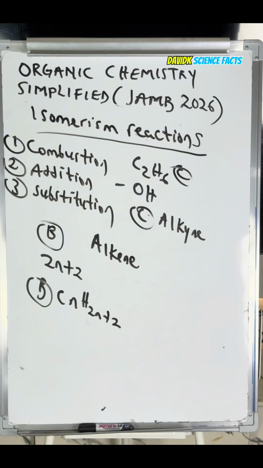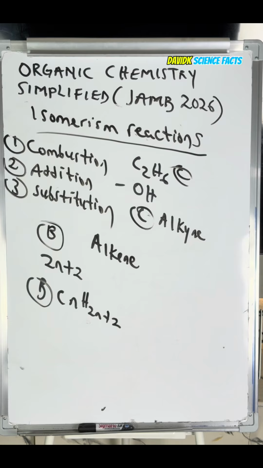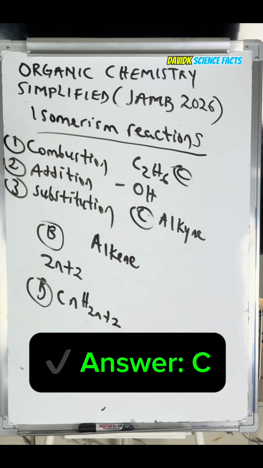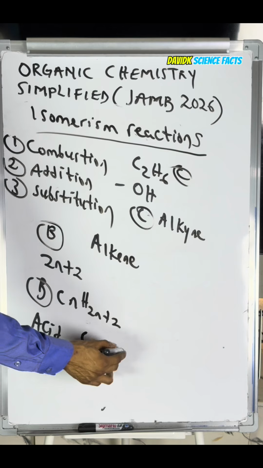Number 8. CH3COOH is A alcohol, B ester, C acid, D alkane. The correct option is acid. Trying to pull your legs here. Acid. Remember, the COOH.